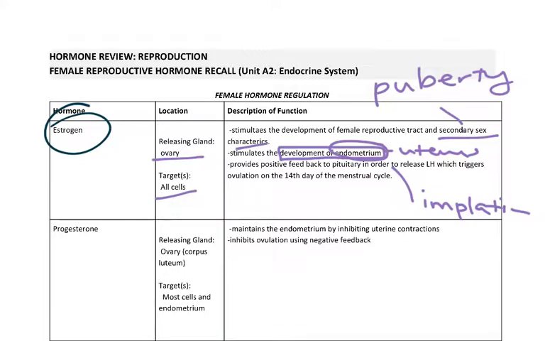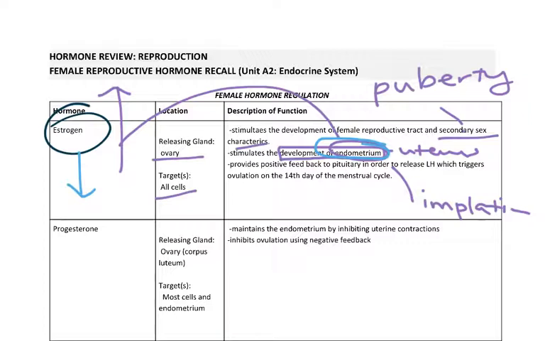We need to be able to make the connection: if we have high estrogen, that leads to the development of the endometrium. But if I have low estrogen, that means a female or an individual will not develop that endometrium properly. That's important for us to understand, especially when we look at hormonal imbalances.